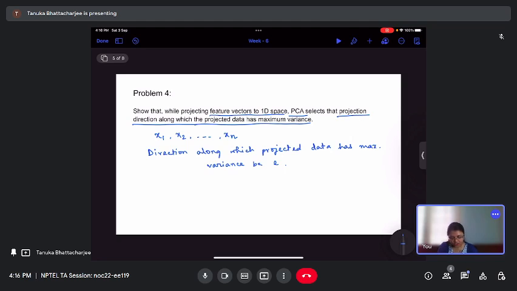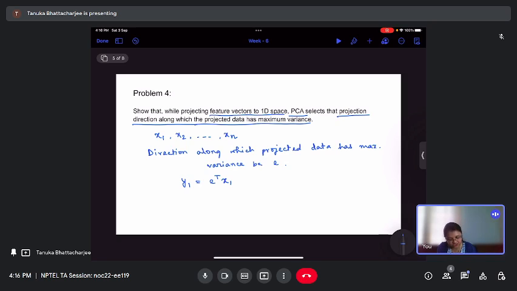So your projected data, when you project the data along this projection direction E, y1 will be E transpose x1. So this is just the orthogonal projection of x1 on the vector E. That will give you the projection of x1 along that direction, which we are denoting by y1.